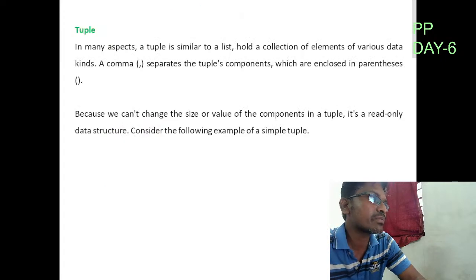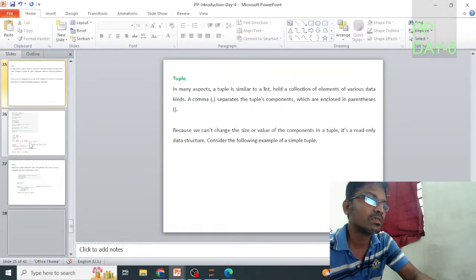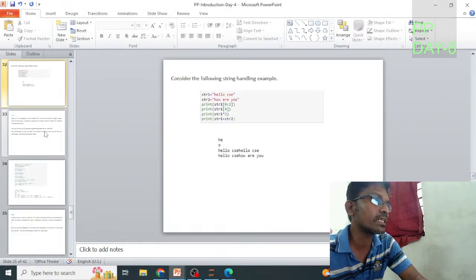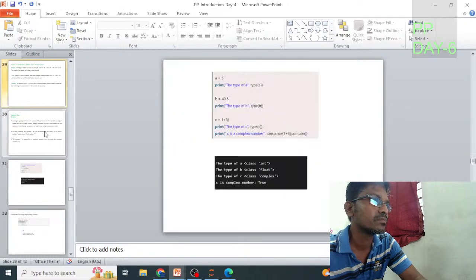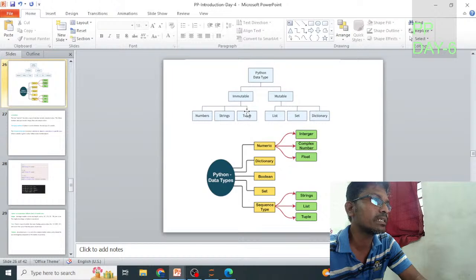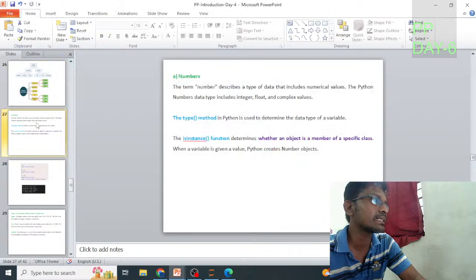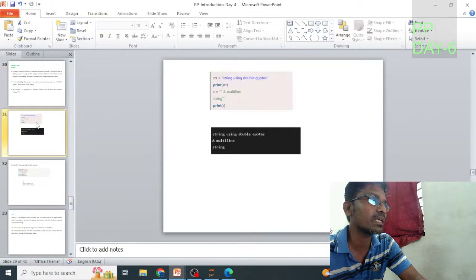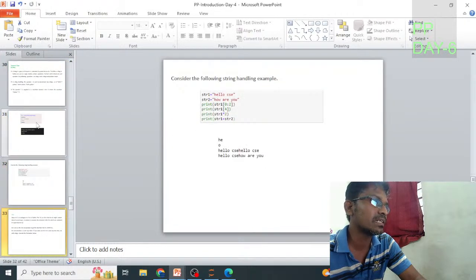And the next one is tuple. So what about tuple? Which data type does tuple come under? The tuple is an immutable data type, and a tuple is a sequence data type. That's why tuple is similar to the list data type.